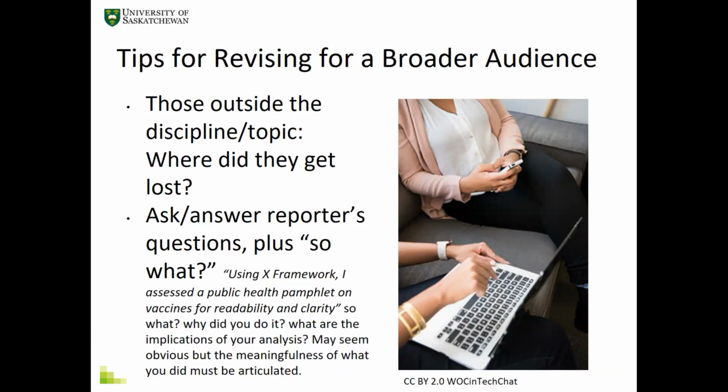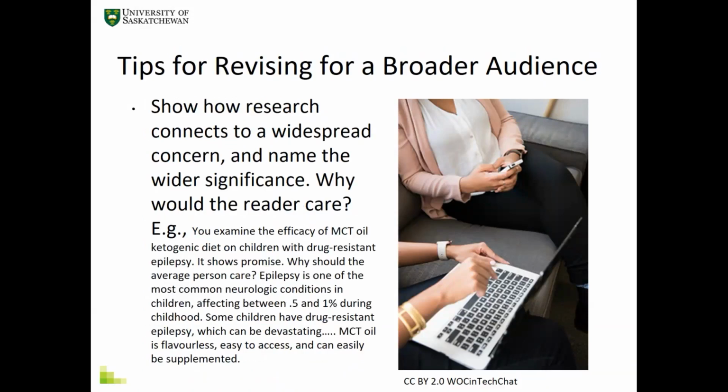It might seem obvious, but you do really have to articulate the importance. Another example is showing how the research connects to a widespread concern and naming that wider significance. So why would the reader care about that particular topic?